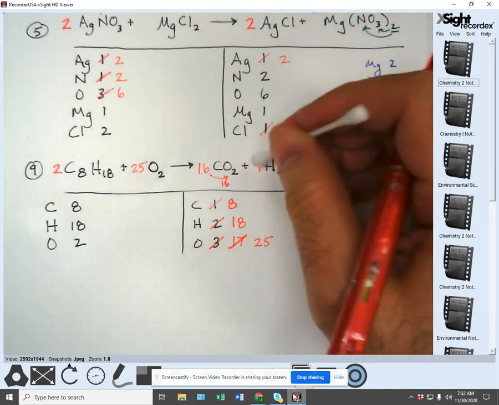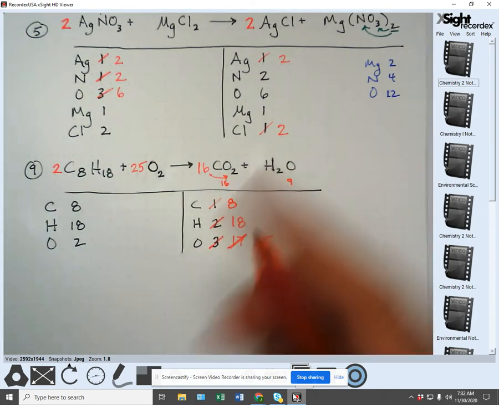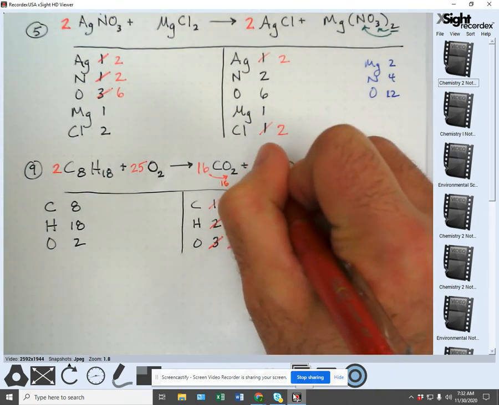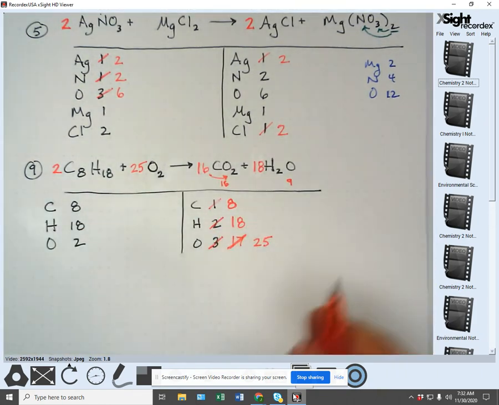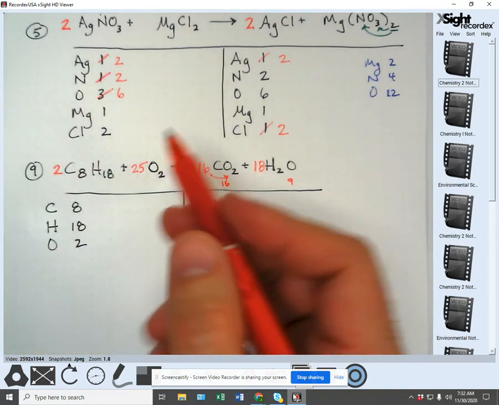And the 9 becomes an 18. Double everything. Okay, now, you don't necessarily have to go through and check the numbers, but I would at first just to make sure.